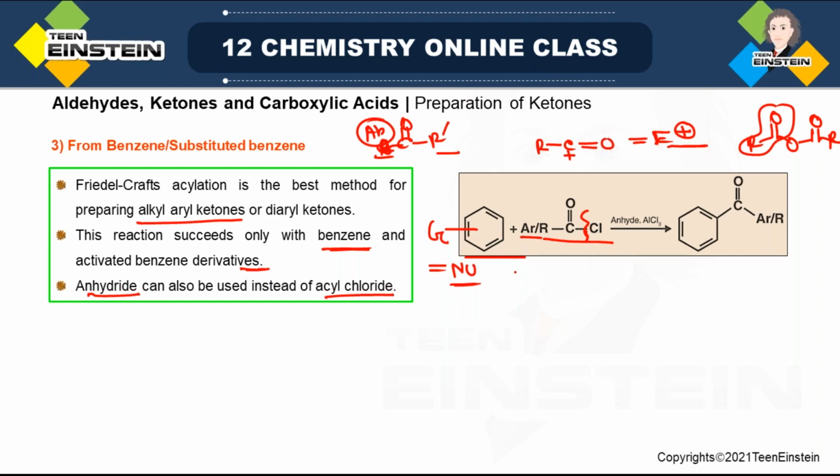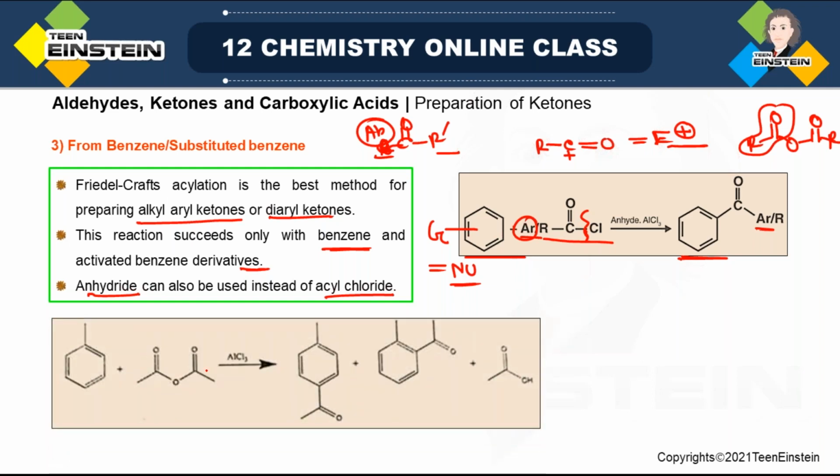So you can use either RCOCl or ArCOCl. If you are using ArCOCl, then both sides have Ar, so it will be a diaryl ketone. And if it is RCOCl, one side is benzene and the other side is alkyl, then it is an alkyl aryl ketone. So instead of taking RCOCl, you can also take an anhydride.